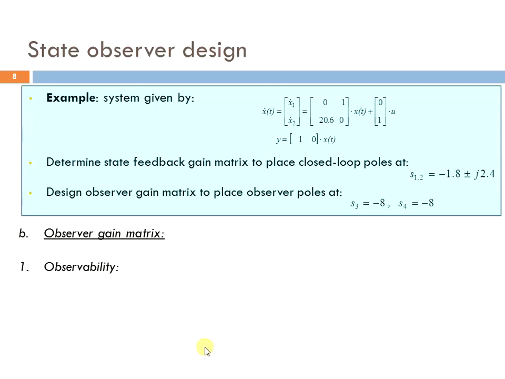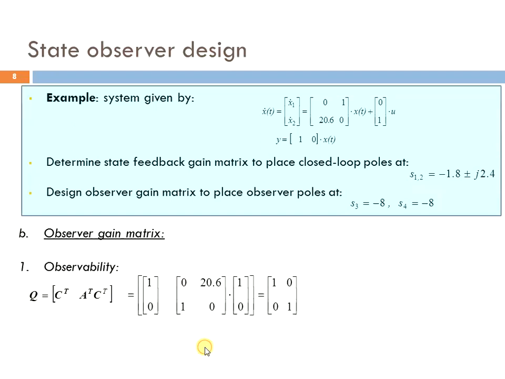In the case of the state feedback gain matrix design, we had to check that the system was completely state controllable. Here we want to ensure that the system is fully observable. For that, we construct the observability matrix, which has the elements C transpose and A transpose times C transpose for this second order system.